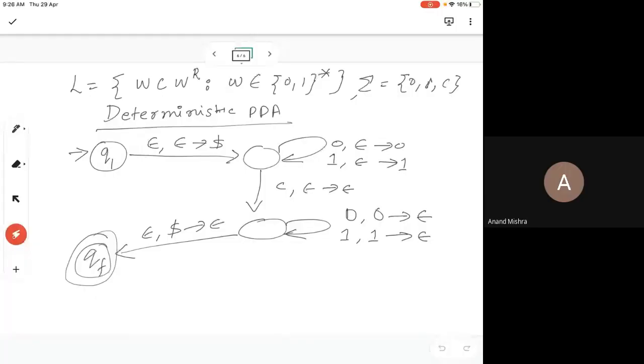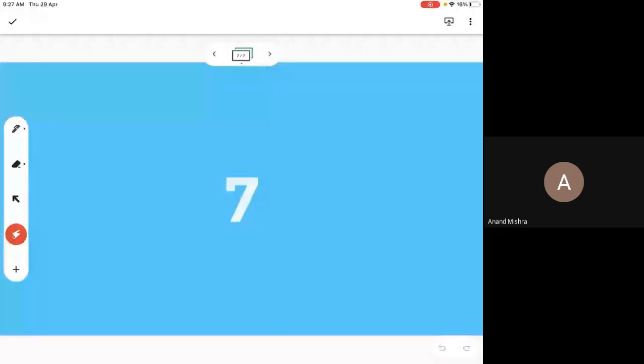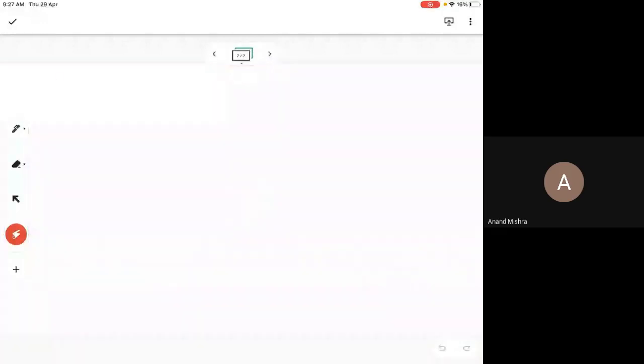Okay, so we will quickly discuss a few more things. Someone has asked about problem 1.53 from the textbook.